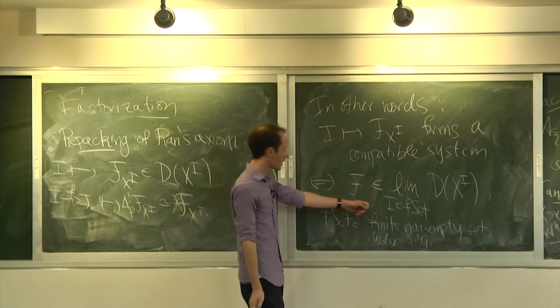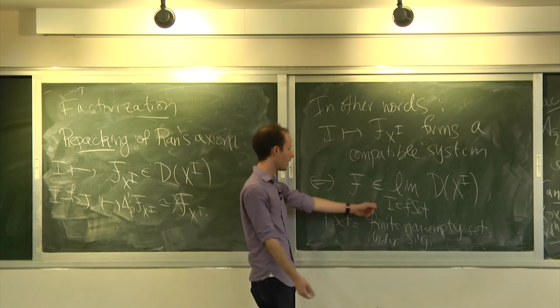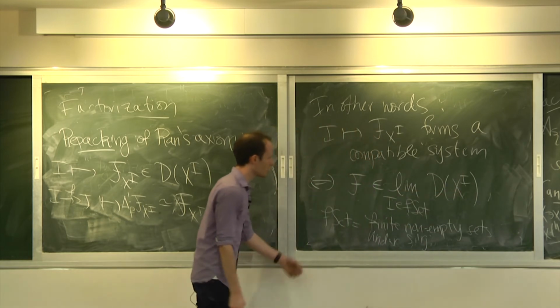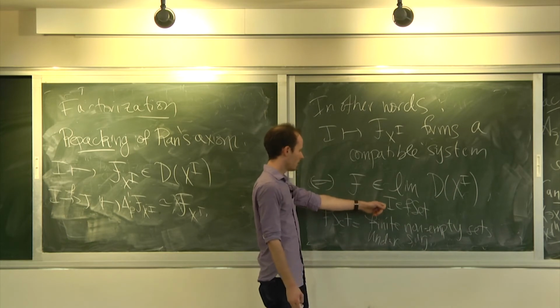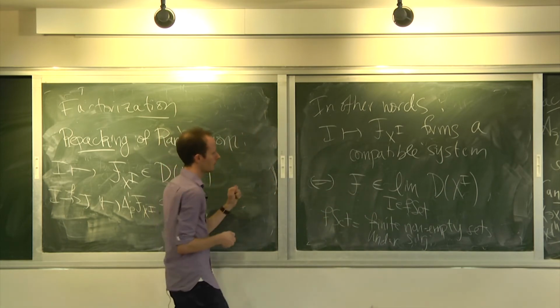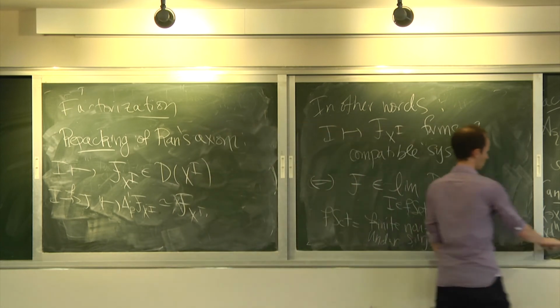Every time you give me a finite non-empty set I give you a D module on x to the I. And every time you give me a surjection between two finite sets, I'm supposed to give you an identification of the corresponding D modules. So that's what this limit means.